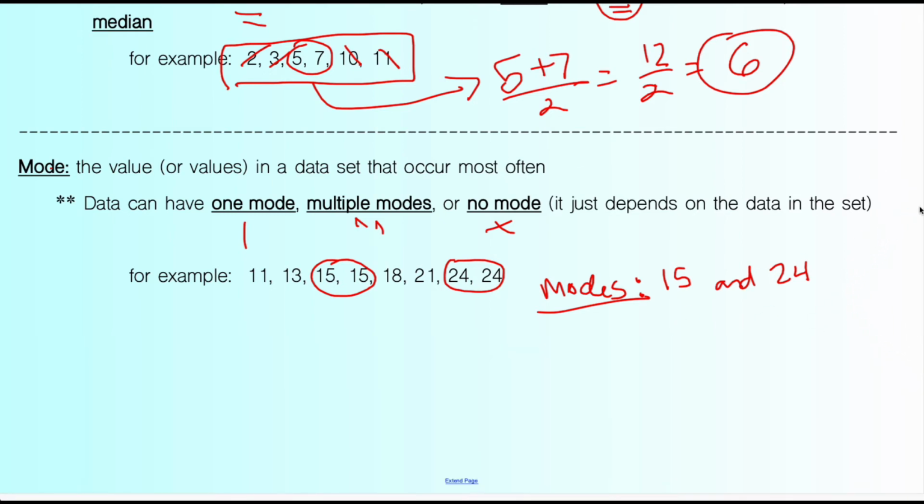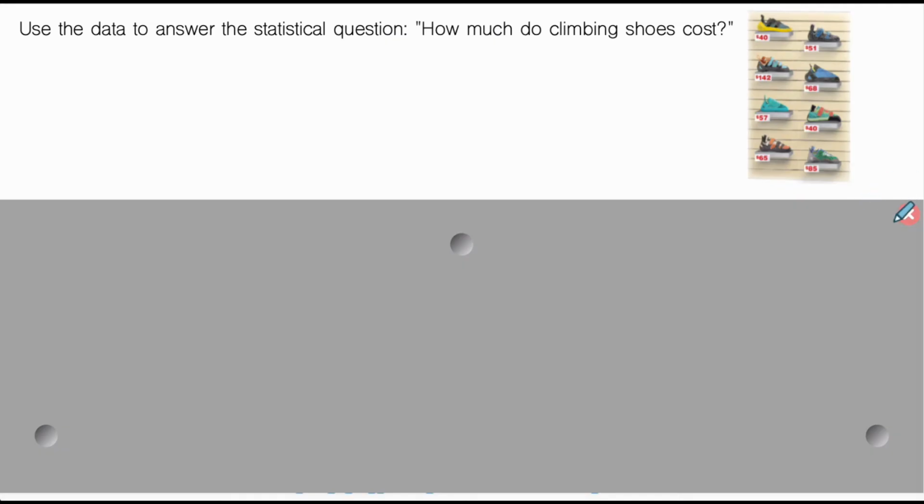Anyways, those are the measures of center. We did mean on the previous day, and now we've got median and we've got mode. And we're going to look at one example to see when one measure of center is maybe better at describing a data set than another. So in this scenario, the question is being asked, how much do climbing shoes cost?